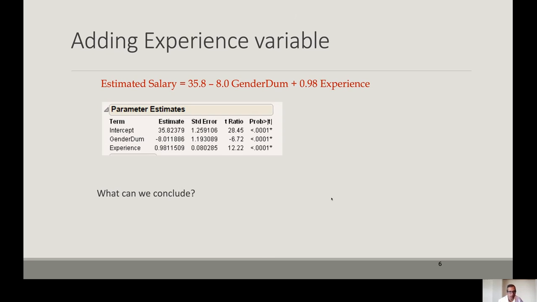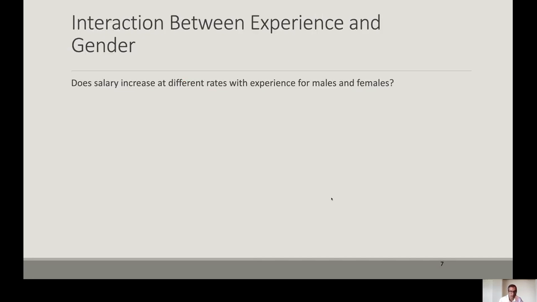You can see that the coefficient of the experience variable is positive and statistically significant, right? But can we answer the question, does salary increase at different rates with experience for males and females? Can we actually answer this question using the regression specification that we were just looking at?